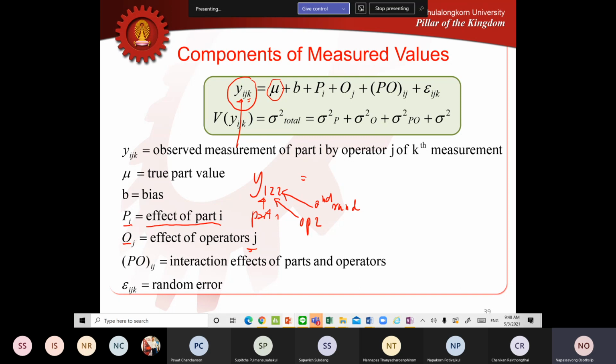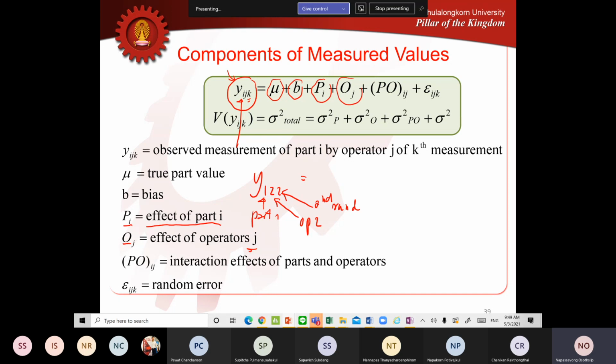And the observation also depends on the amount of bias of the measurement system. It also depends on the part effect. If the part is large, for example part number 2 is large, it tends to give the observation to be large, right? So it depends on the part also. And it also depends on the operator.